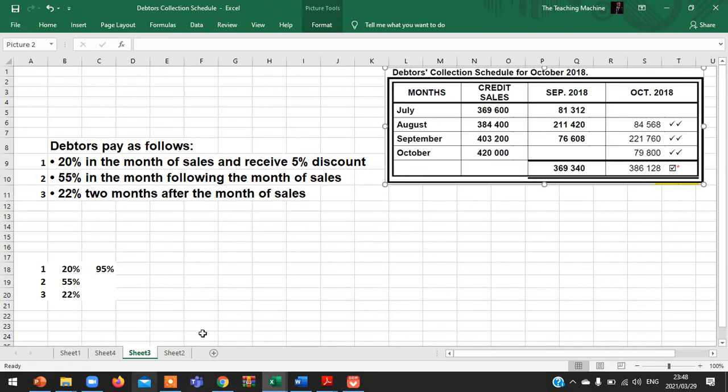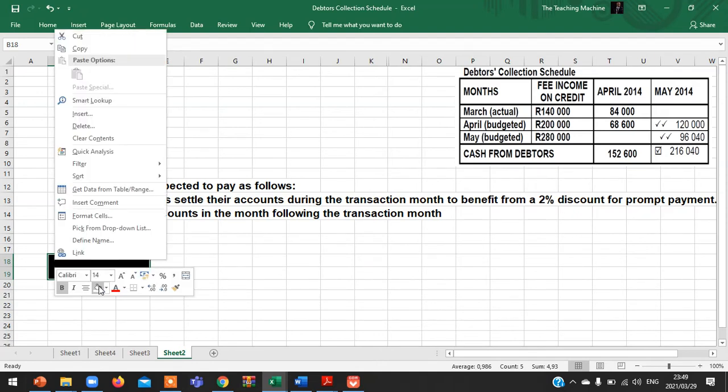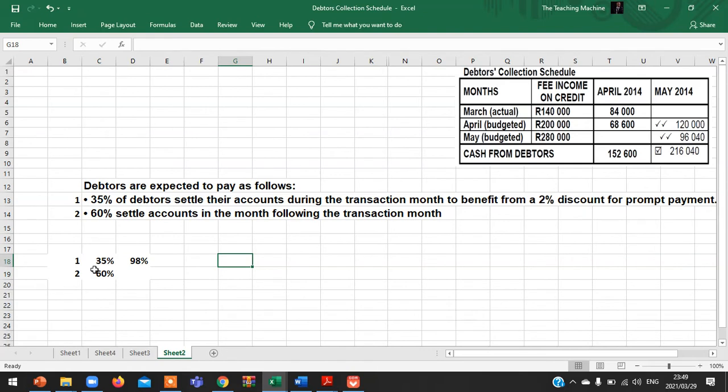All right. Going to the other example. So 35, 1, 2. So let me unhide here. As you can see, your 1 is 35 and 98. Where did we get 98?